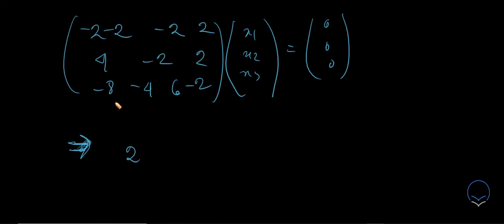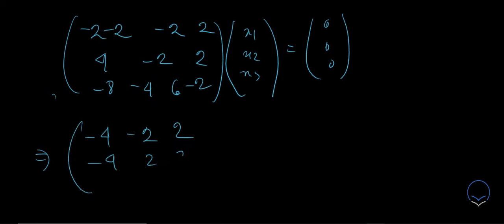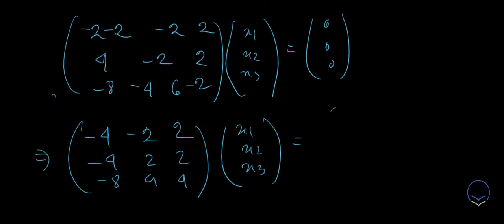Obviously I can be a bit more explicit and show you, so let's do that instead of writing directly. After this line, you can write it as: minus 4, 2, 2, minus 8, 4, 4, times x1, x2, x3, equals 0, 0, 0.